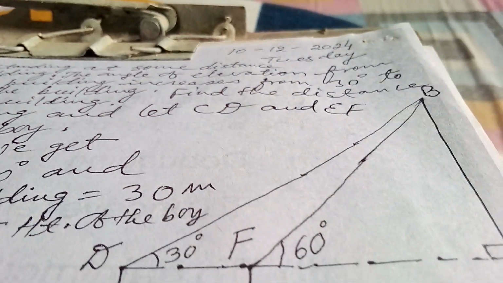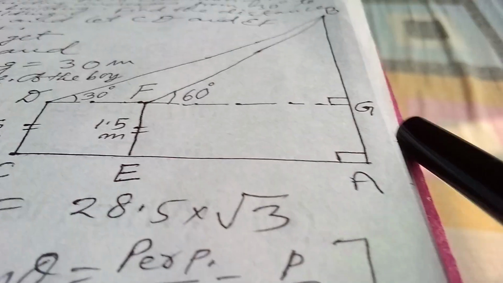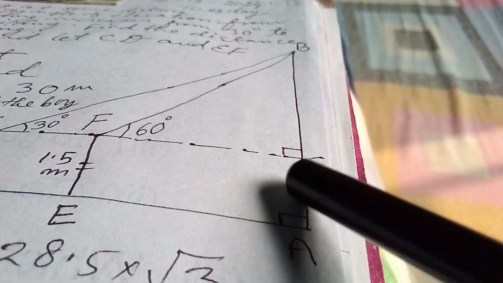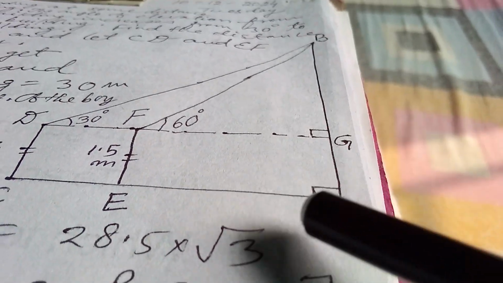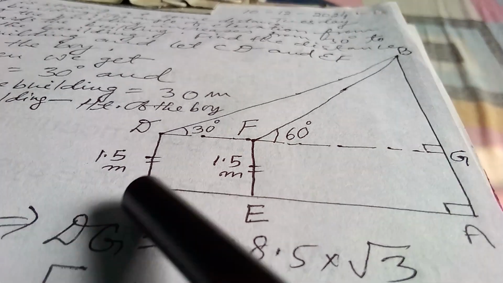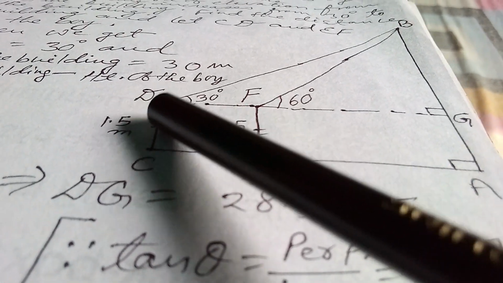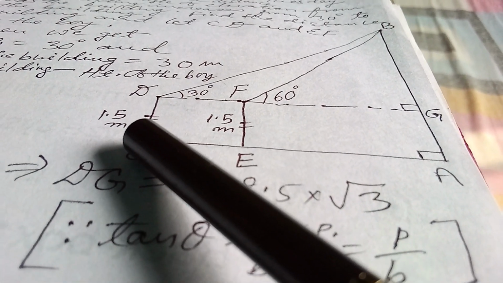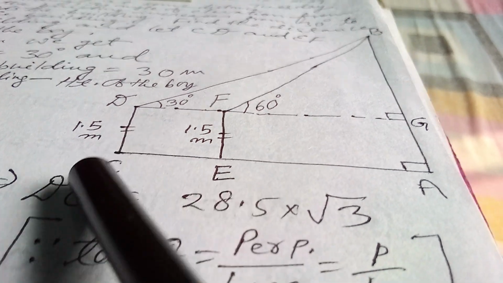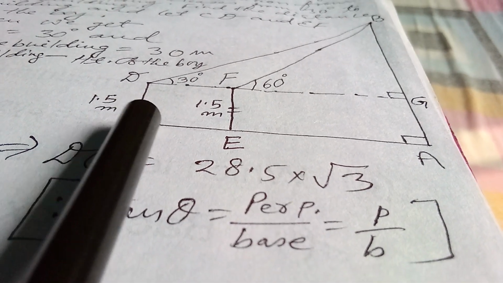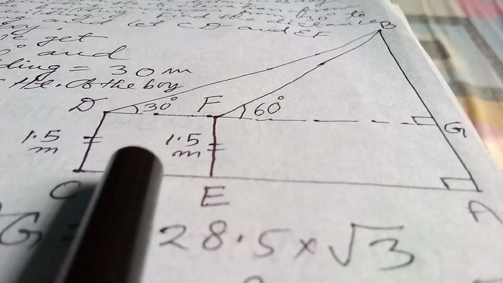So, first of all, we should see the figure. Here, AB is the building, it is the height of the building. This CD is the boy's height, that is 1.5 meters. And he is walking towards the building.